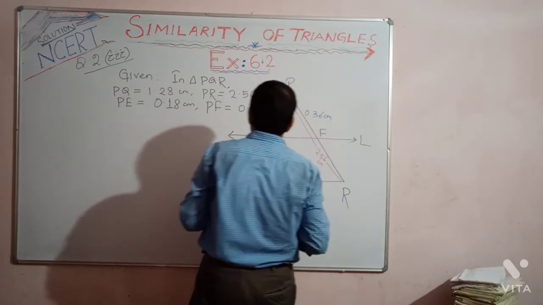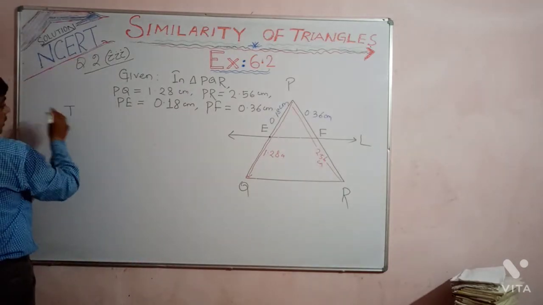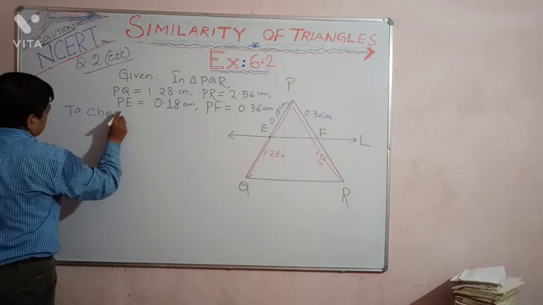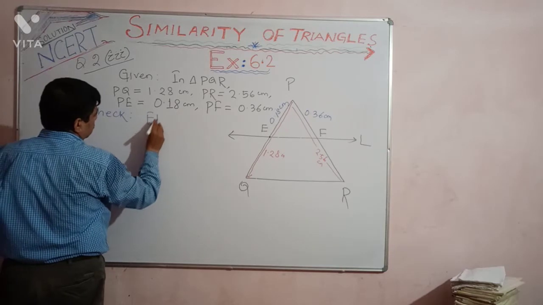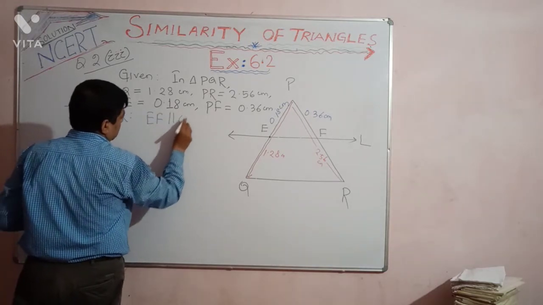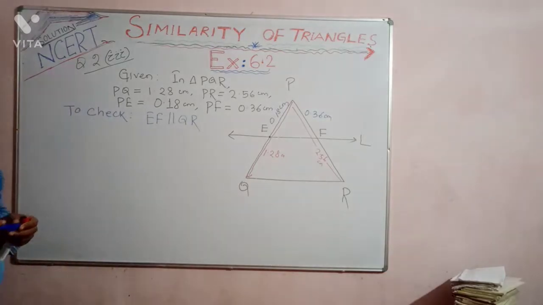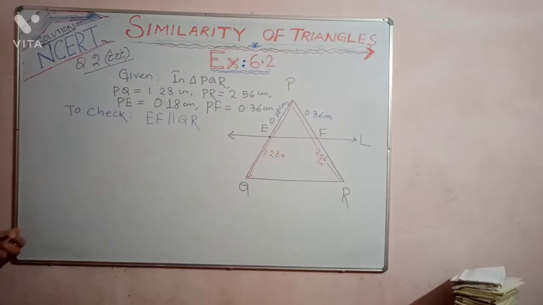We have to check whether EF is parallel to QR. Understand? So you have to check that corresponding parts are given.